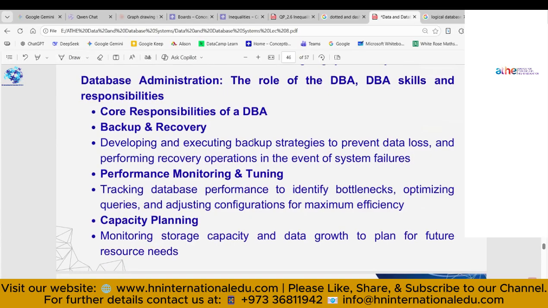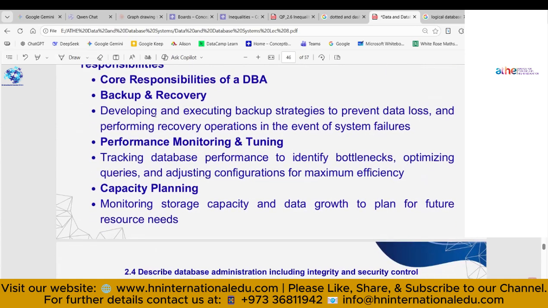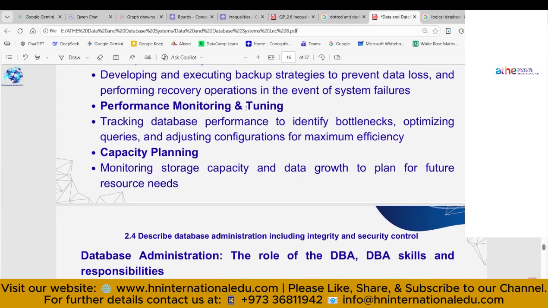Then we have backup and recovery: developing and executing backup strategies to prevent data loss and performing recovery operations in the event of system failures. They should be able to keep backups of all of the data. Then performance monitoring and tuning: tracking database performance to identify any bottlenecks, anomalies, or problems, optimizing queries to make them go faster, and adjusting configurations for maximum efficiency.